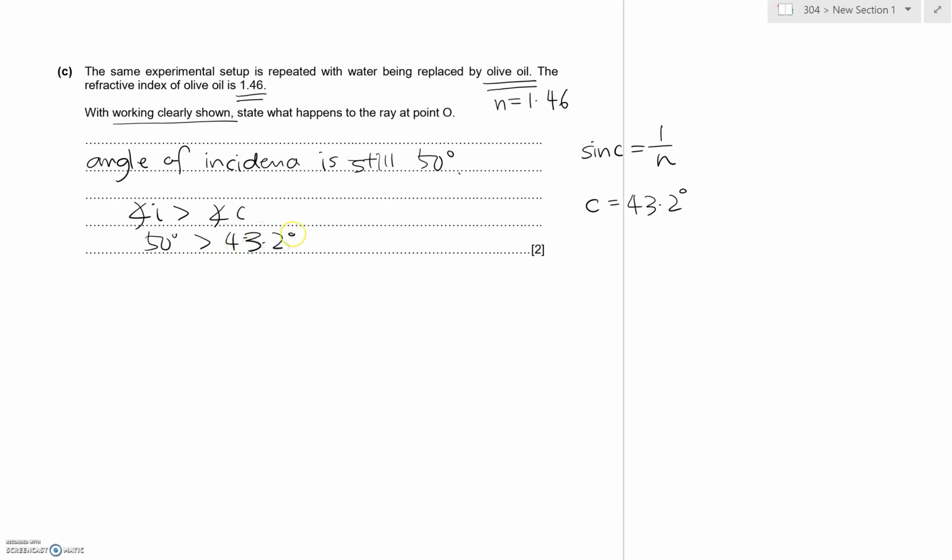And is the light traveling from denser to less dense? Since it's going from denser to less dense, and this second condition is also fulfilled, therefore the light ray will undergo TIR. And that is how you get your 2 marks. So you need to show your working and then finally follow up with a conclusion.